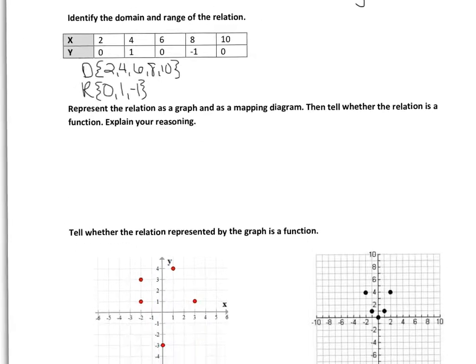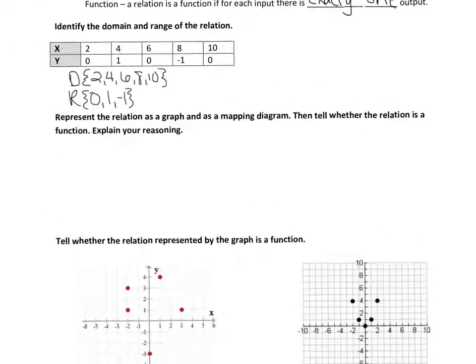Okay, we're going to use this same concept up here, and we are going to represent this as a graph and as a mapping diagram, which is what I showed you off to the right. If we want to represent this as a graph, it doesn't really look like it, but these are actually all ordered pairs. I have an ordered pair 2, 0.